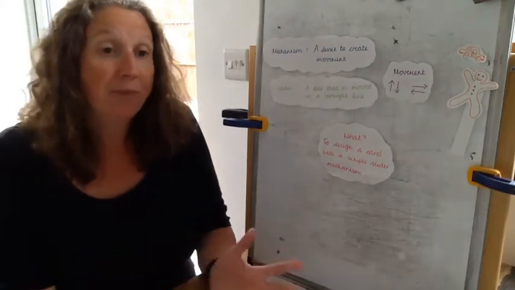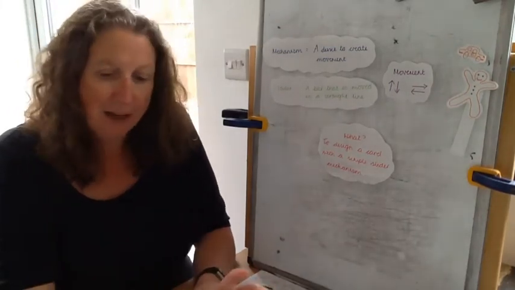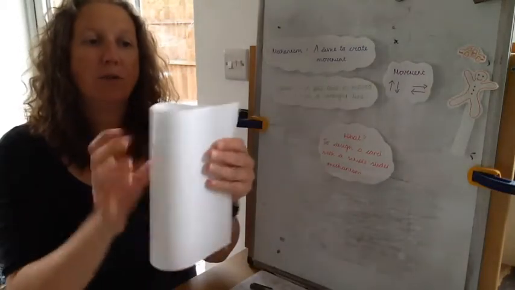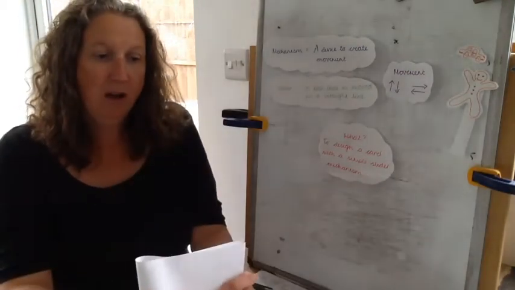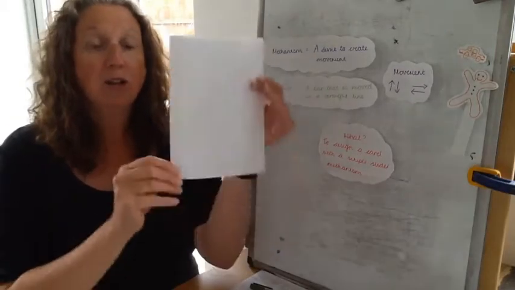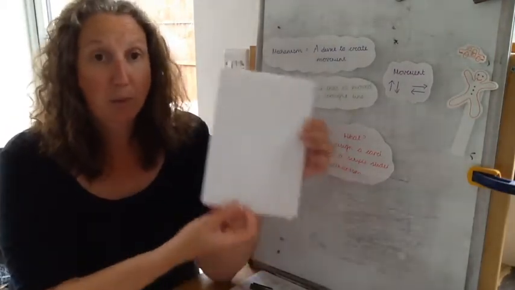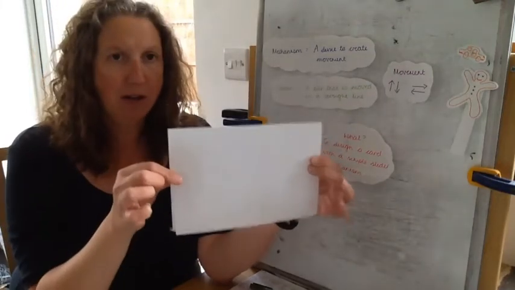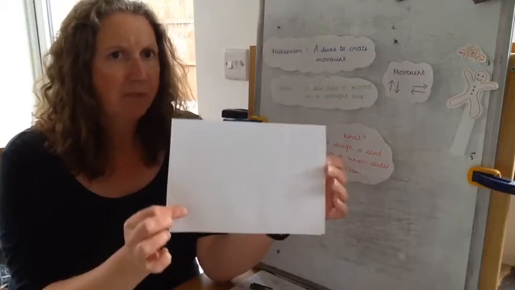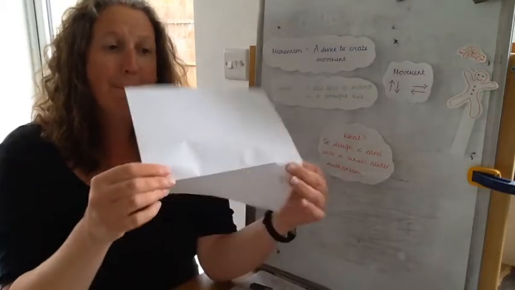Okay, so if we are designing a card, we need to think about which way we want our card. So I'm going to fold a piece of paper in half like this and crease it down. Do I want my card to be portrait or landscape? I'm going to decide that I want it landscape.